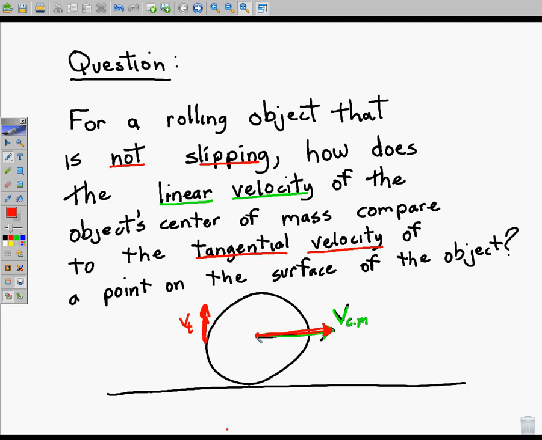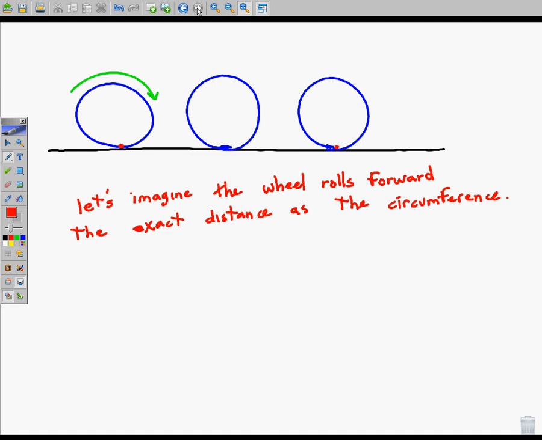So let's try to prove this to ourselves. So here we have this blue wheel here, and let's say it rolls forward a distance exactly equal to its circumference.